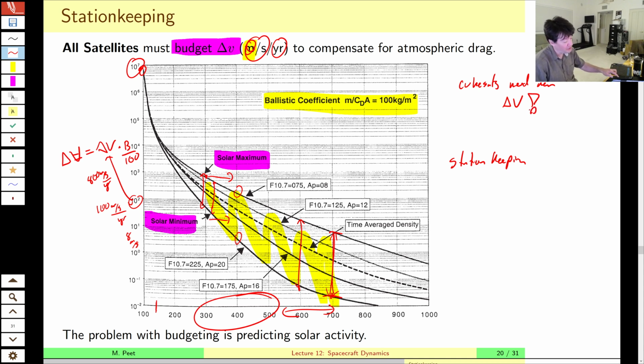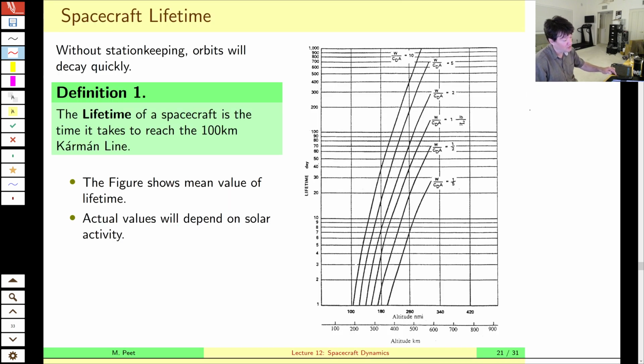Typically, CubeSats actually don't have any delta V. And so we get to the other curve, which is the lifetime. If you don't have delta V, so no station keeping.